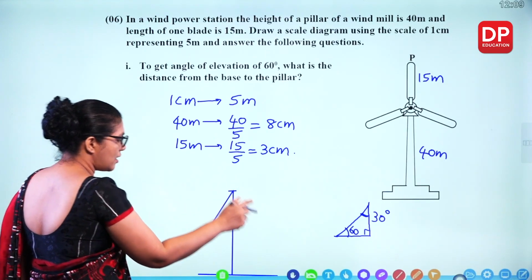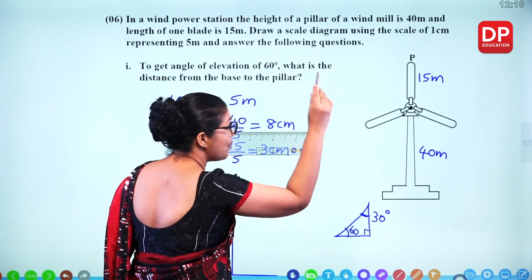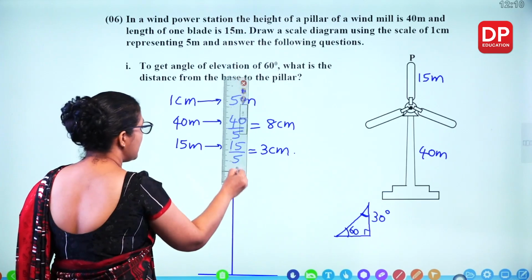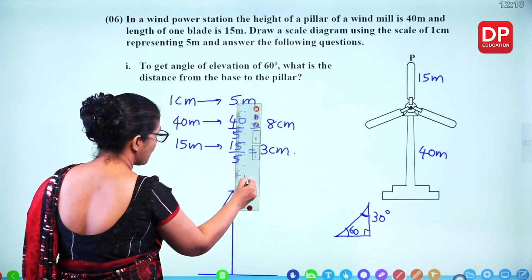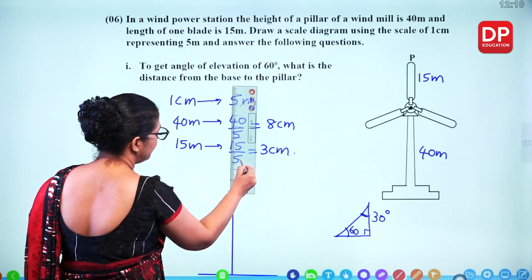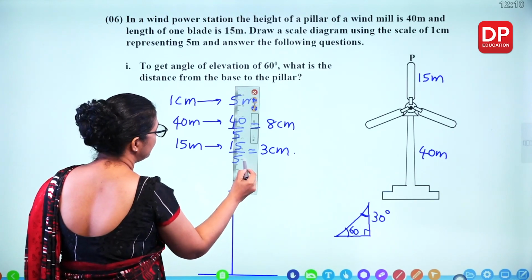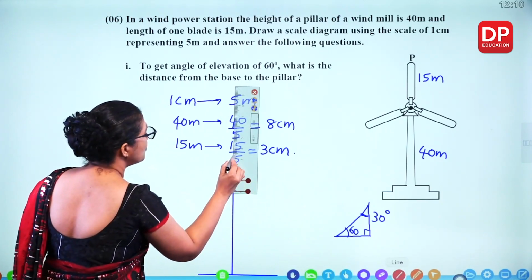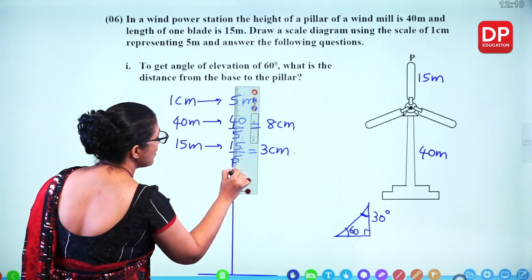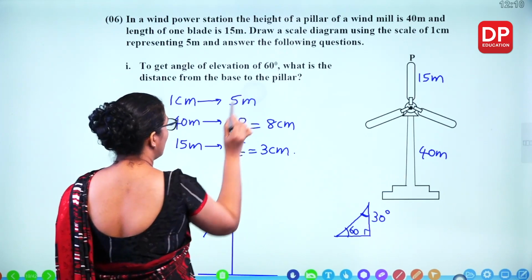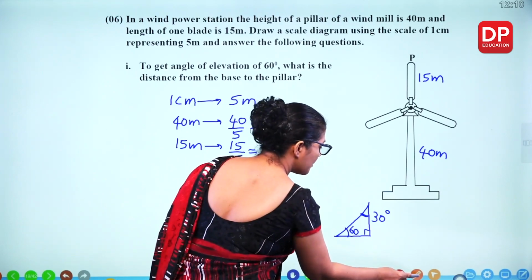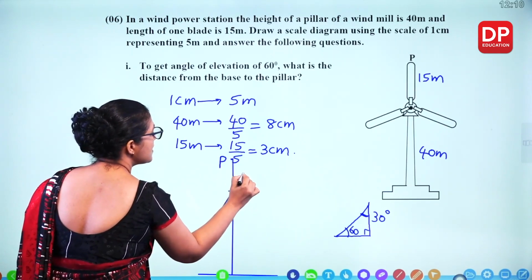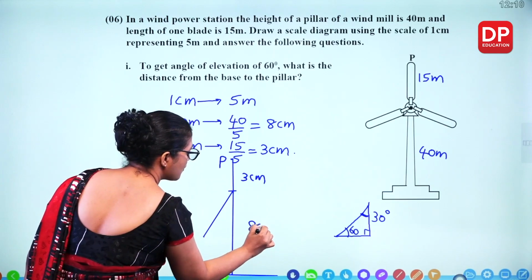Now we need to draw the other blade, 15 meter blade here, that means 3 centimeters from here again. 1, 2, 3. So this is the position now. So you get P point here, 3 centimeter and 8 centimeter you have to take.